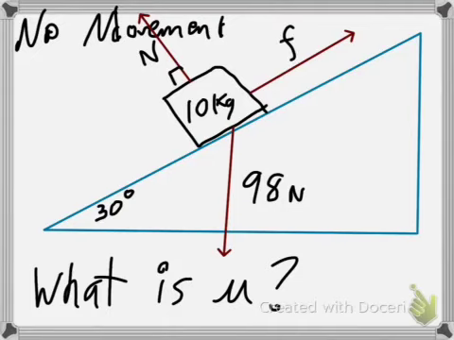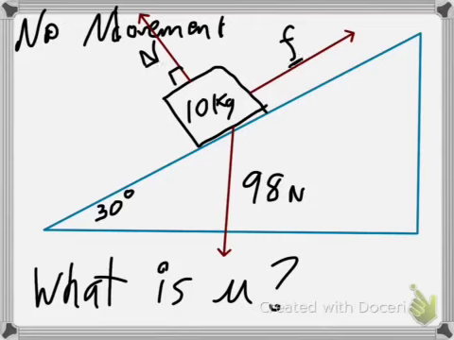Now, our next step, if we were doing this, would be to look and see if we have any diagonals. In this case, we do have a couple diagonals. I wonder if I can zoom in on this. Yeah, there we go. Alright, so I do have a couple diagonals. Those being friction right here and my normal force.